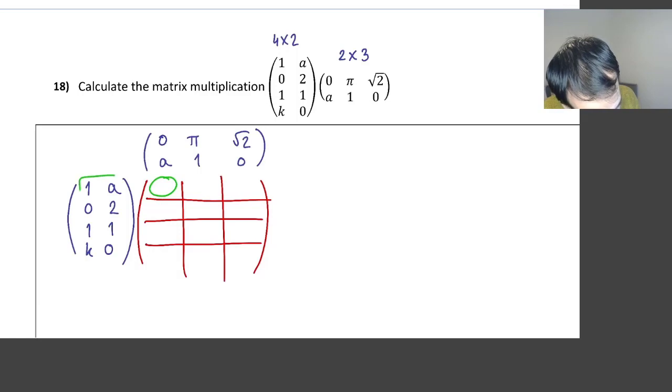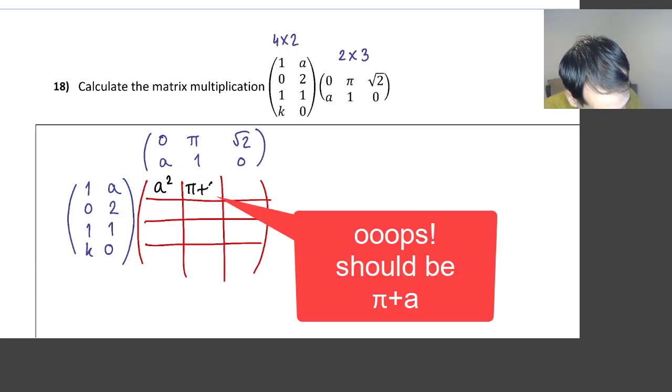So what's the first element? The first element is the dot product of the corresponding row and the corresponding column, as always. So it is 1 times 0 plus A times A. It's A squared. The next element is the corresponding row with the corresponding column. So it's 1 times pi plus A times 1. So it's going to be pi plus 1. And so on with the other gaps.